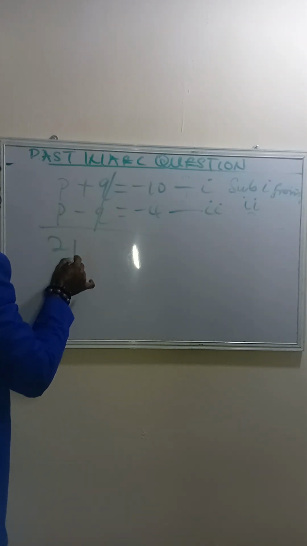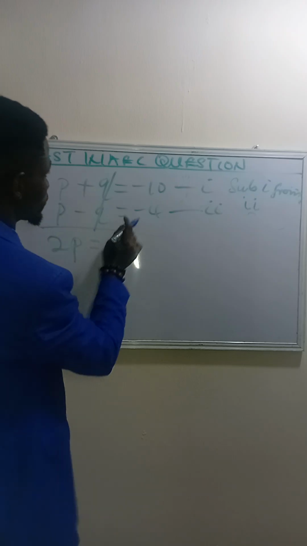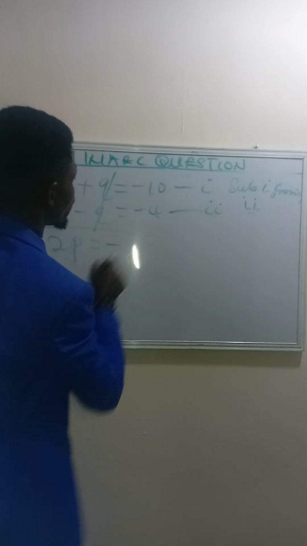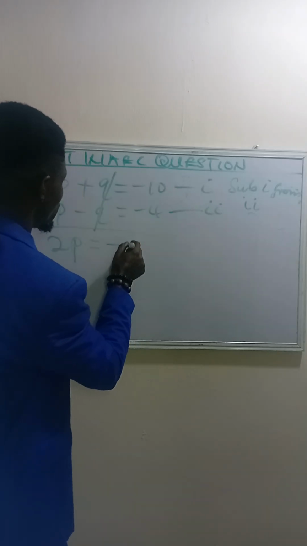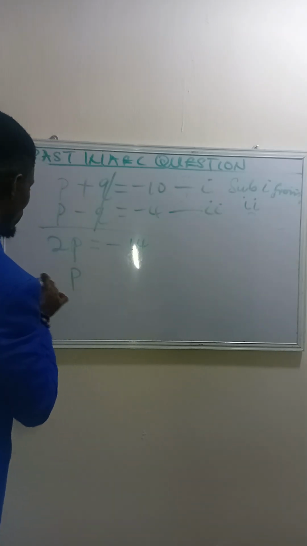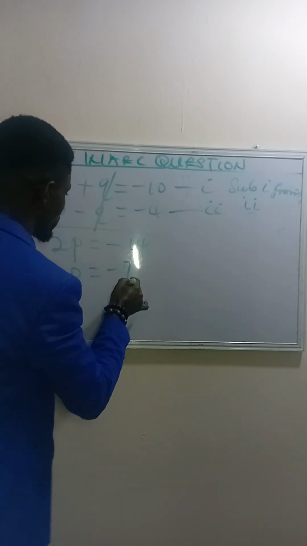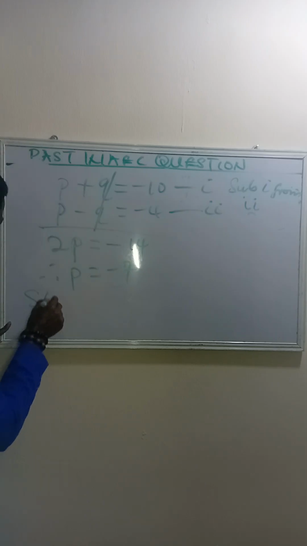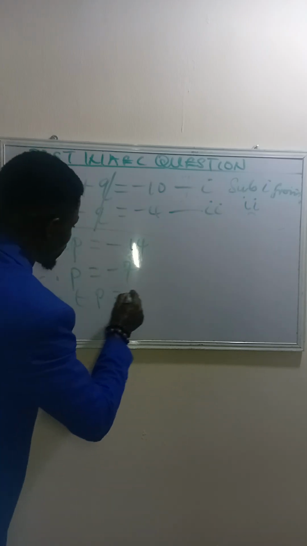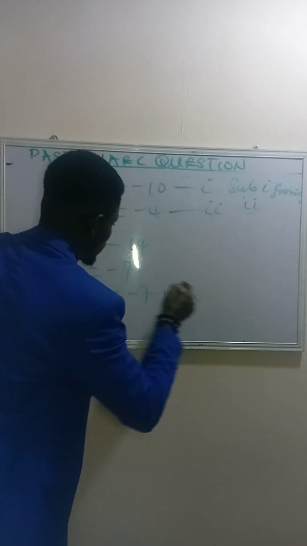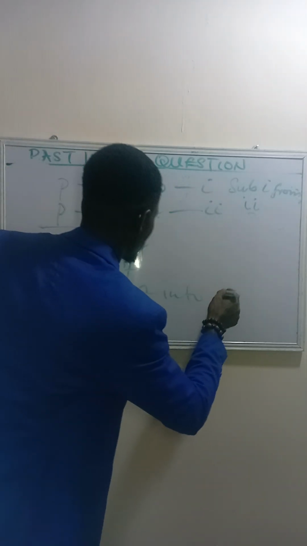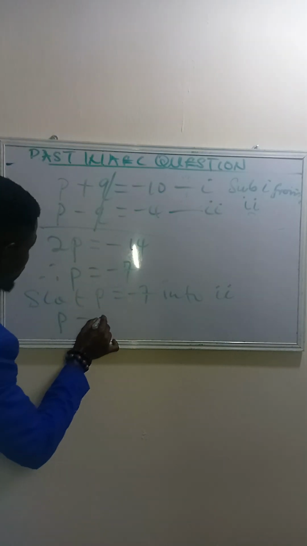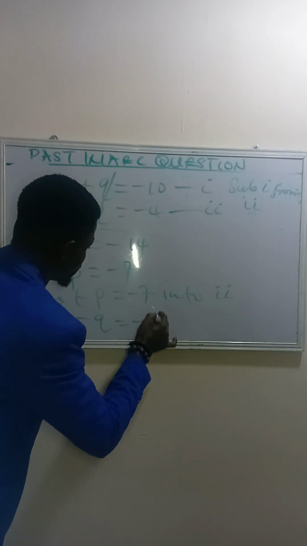When you do that, this one will give you 2p, and this one will give you minus 14. Therefore, your p is minus 7. Then to obtain q, just substitute p, which is minus 7, into any of the equations, say equation 2: p minus q equals minus 4.